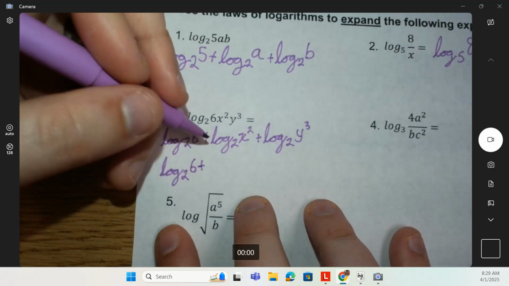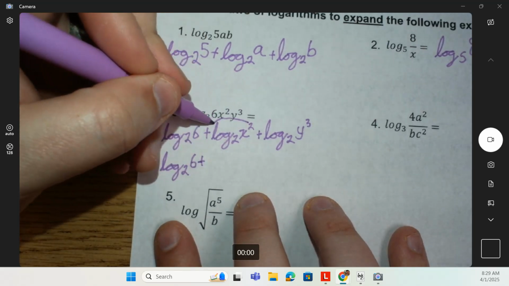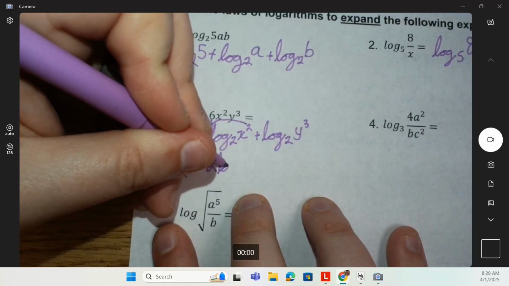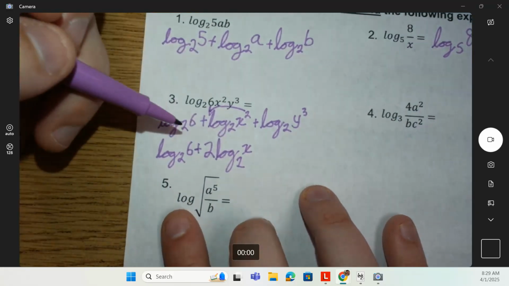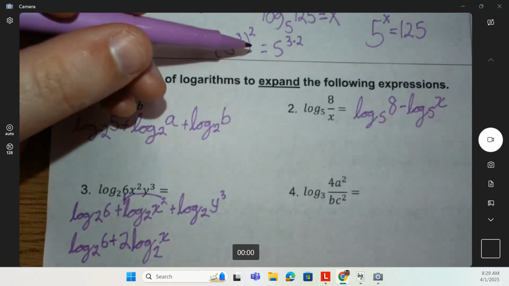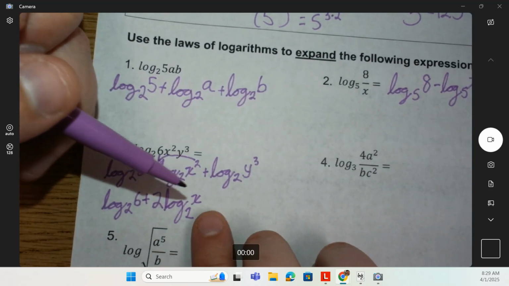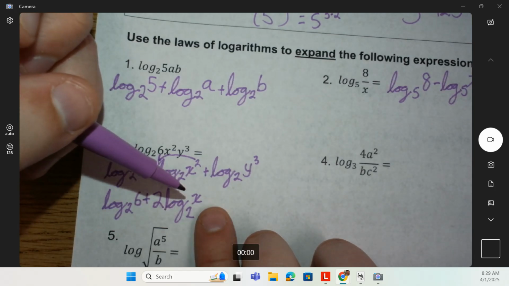And then log base 2 of x squared, remember that 2 is going to move up front. So I have 2 times the log base 2 of x. And again, the reason that works is just like our power rule, because log base 2 of x essentially gives you what exponent of 2 would equal x.